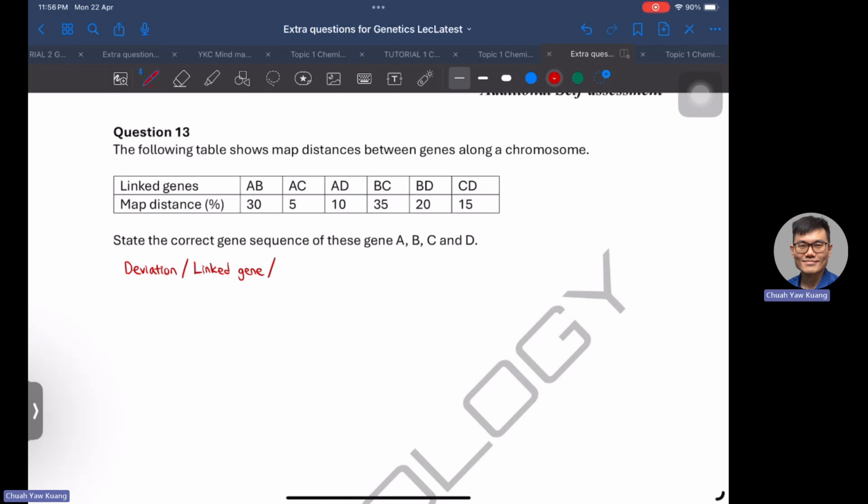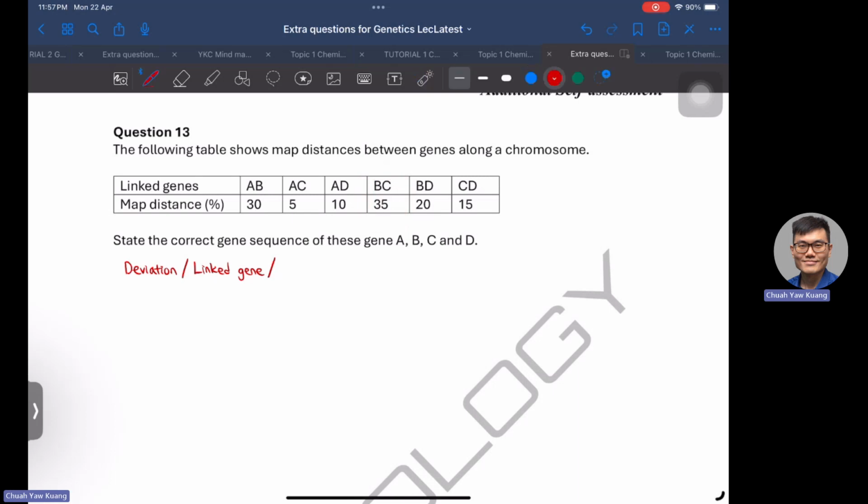First thing first, what can we do to solve this question? The first step is normally to find the largest map distance. What we can see, the largest map distance would be B and C, which is 35.